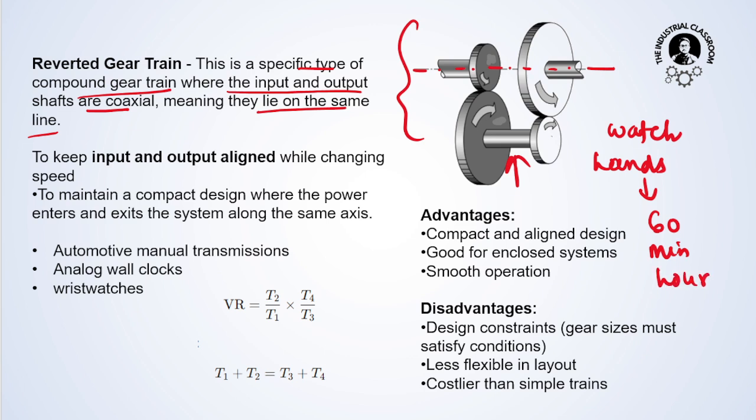This is due to this type of reverted gear, in which this is the larger gear, so its RPM will be less. Remember, it is the hour one. Suppose the hour one is driving the other gear. This arm is the hour one. Now the second one is within it, and it is the minutes one.